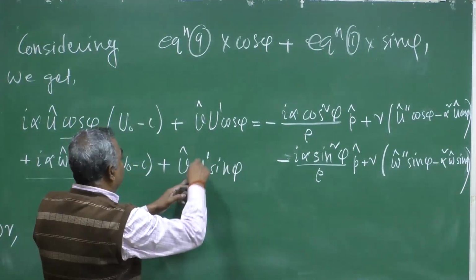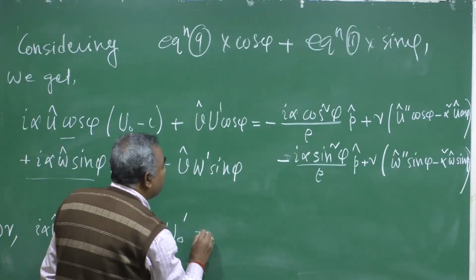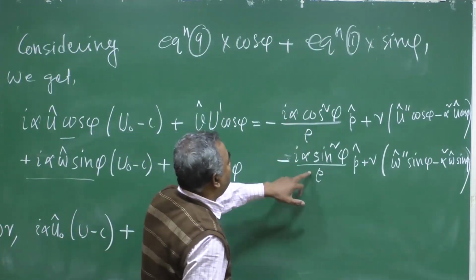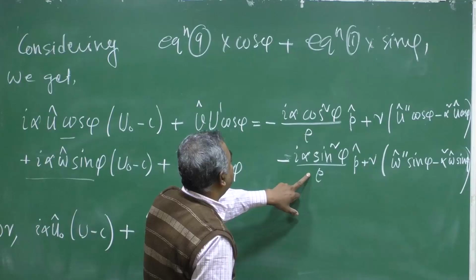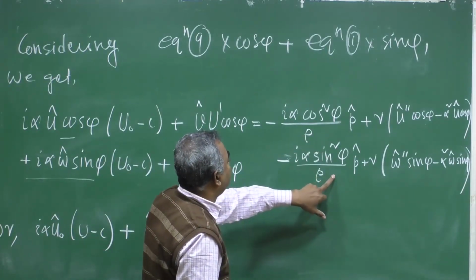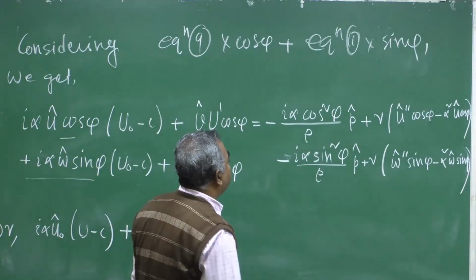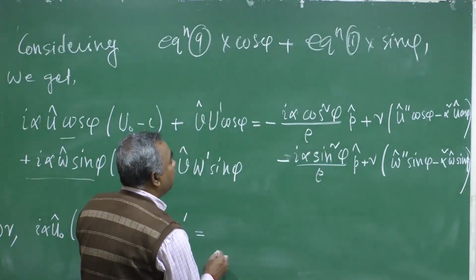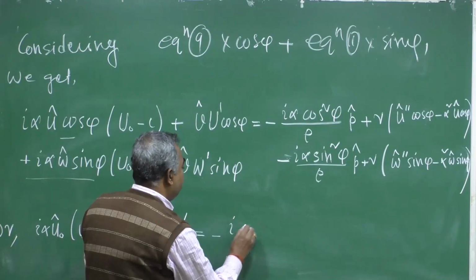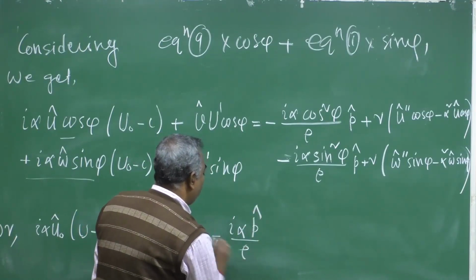These two, summation of these two terms is going to be v hat u naught prime equals to, you see, summation of these two terms is essentially so this is 1. So, if you sum, this is going to be common and that is going to be 1. So, that is minus I alpha p hat by rho, okay.